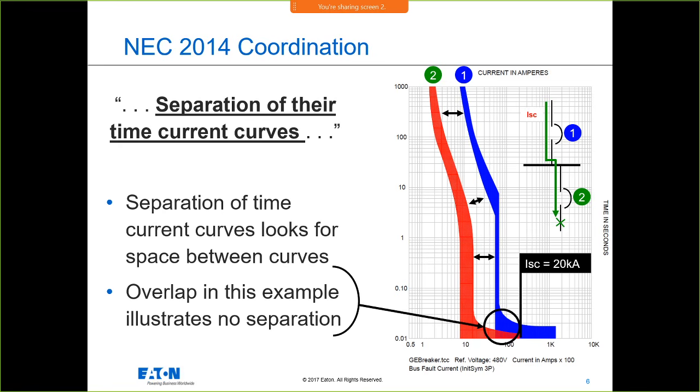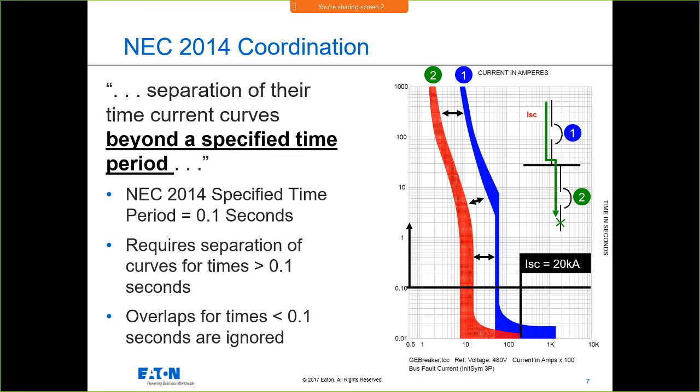So the NFPA 99 group and the 517 group say, okay, what you do is you basically hide what's below 0.1 seconds, ignore the overlap of the trip curves below 0.1 seconds, and you're looking for separation of curves in the time period above 0.1 seconds.